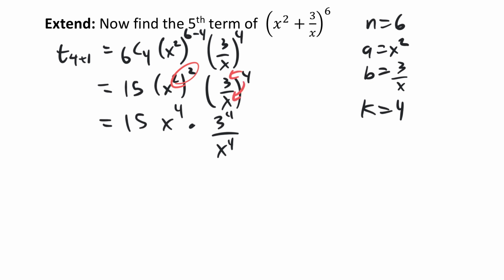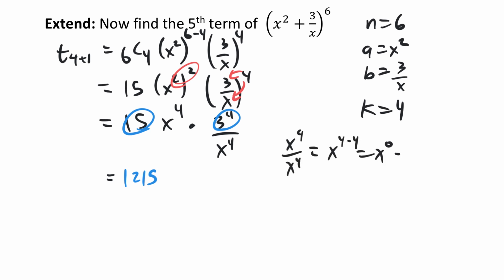So we can group the 15 and the 3 to the 4. 15 times 3 to the 4 will be 1215. And then x to the 4, oh, this is weird. We have x to the 4 divided by x to the 4, which is x to the 4 minus 4, which is x to the 0, which is just 1.